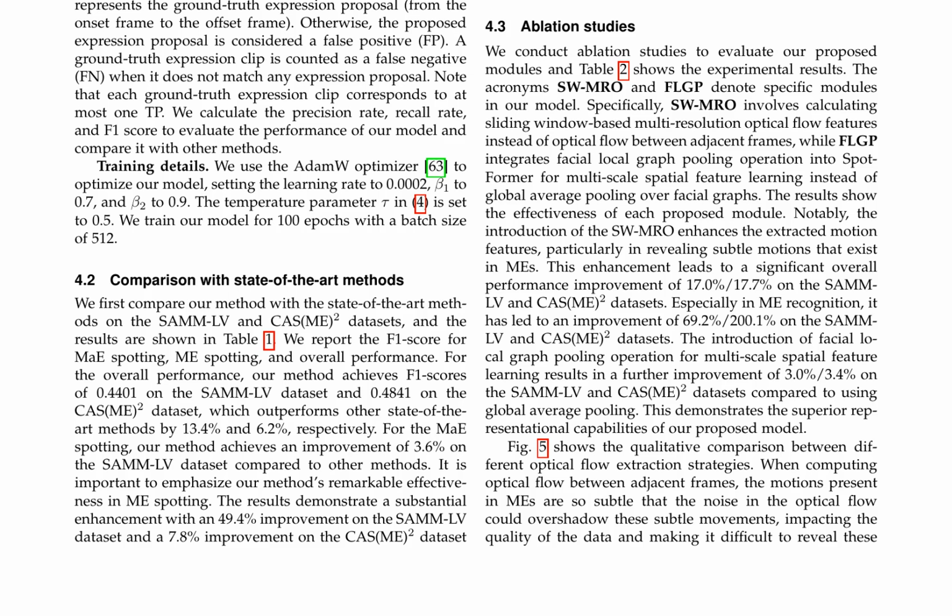The authors evaluate their method on two datasets, SAMM-LV and CAS(ME)^2, achieving significant improvements in overall performance, particularly in micro-expression spotting. An ablation study demonstrates the effectiveness of the proposed modules, including the use of sliding window-based multi-resolution optical flow features and facial local graph pooling operation for multi-scale spatial feature learning.